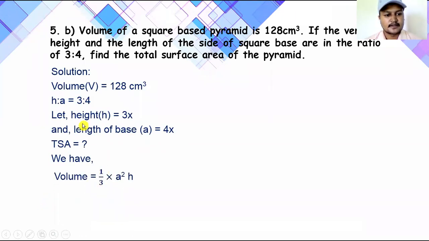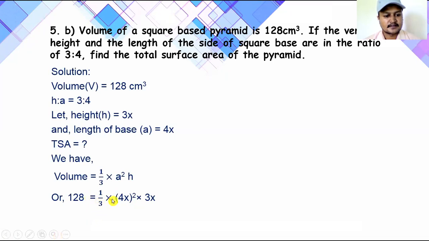At first, volume is given, so we use the formula of volume, and put the value of volume as well as the values of A and H. Volume 128 is equal to 1/3 times A square, which means (4x) whole square, times H, which means 3x.